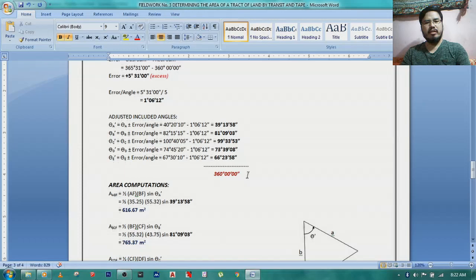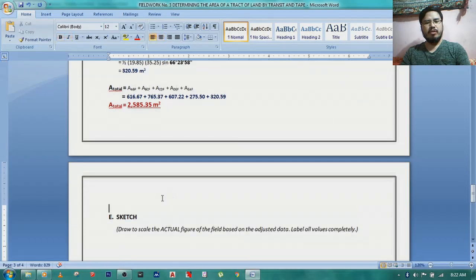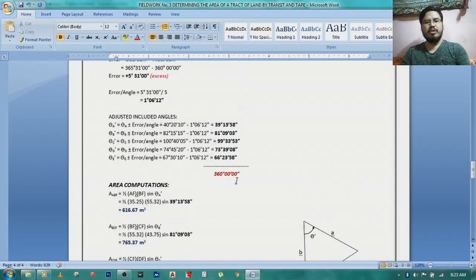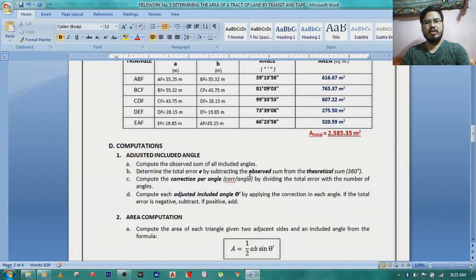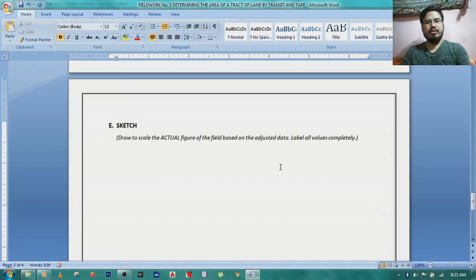Make your computations neat and clean. If possible, minimize your work from erasures. Okay, so afterwards you are going to sketch.